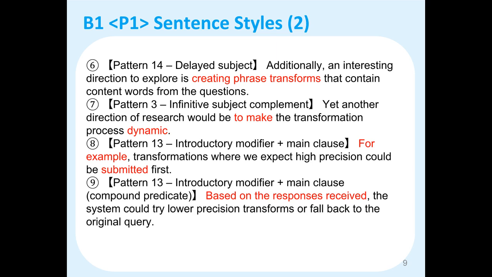Based on the responses received, the system could try lower precision transforms or fall back to the original query. The introductory modifying phrase provides the necessary condition, and the compound predicate efficiently lists the two possible actions the system could take. This combination of styles handles the increasing complexity of the ideas effectively, concluding the paragraph with a high degree of structural sophistication.